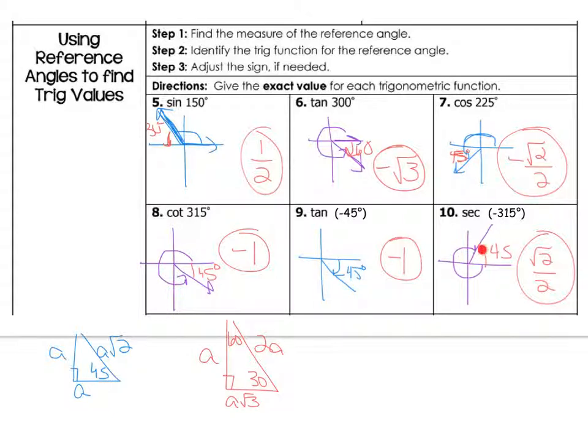So when I did that, my reference angle is 45. The secant is, hold on a second. I messed that up. The secant is going to be the reciprocal of cosine.